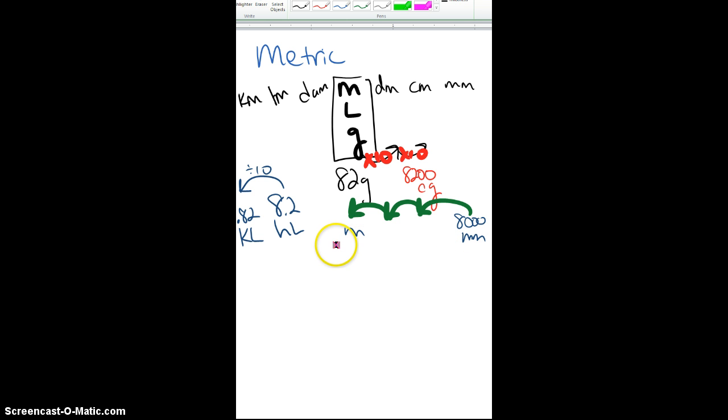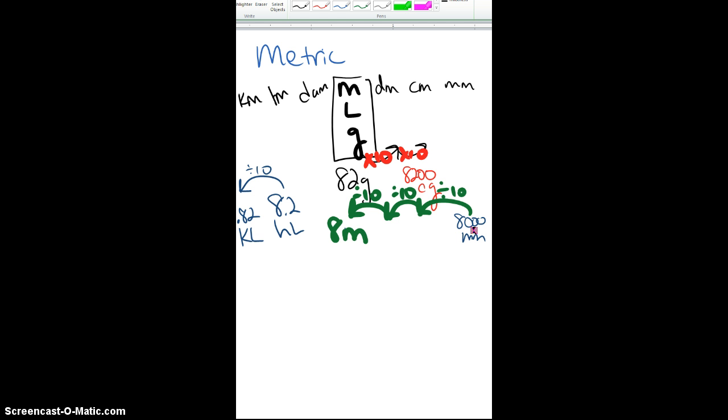So I'm going to end up with 8 meters. Again, why does that make sense that the numeric value got smaller? Well, because the unit got bigger. As I change my unit going this direction, I'm going to a bigger unit, so I'm going to have less of a bigger thing. So I have 3 jumps. I'm going to divide by 10 3 times, so my decimal is going to go 1, 2, 3 this direction.